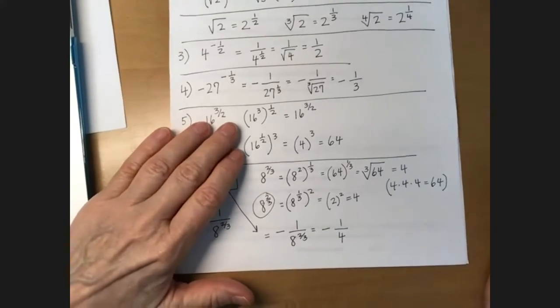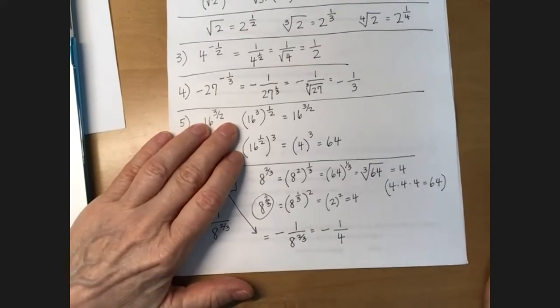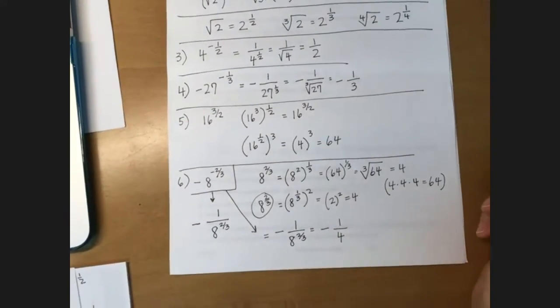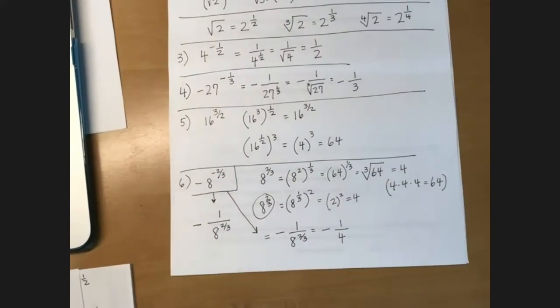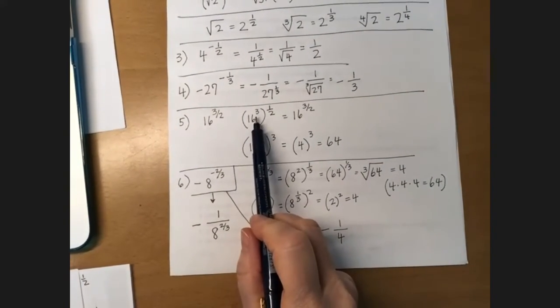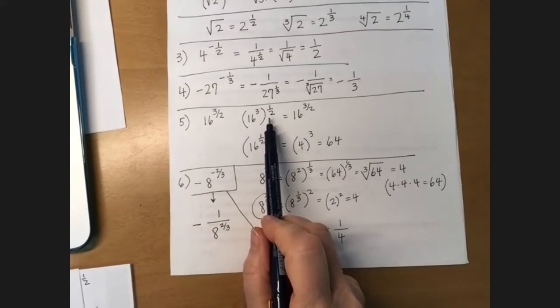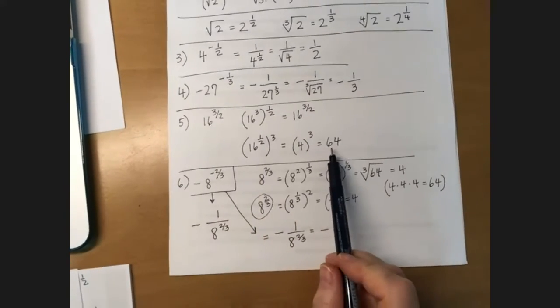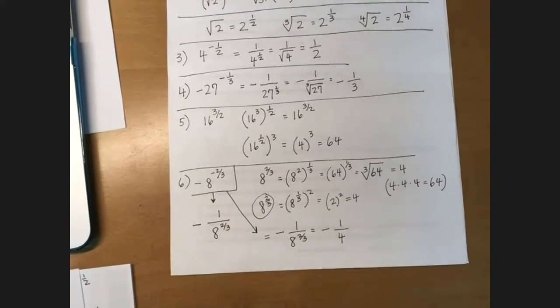Let's see, this one's a lot messier, 16 cubed. So I will leave that to you with your calculator to show that 16 cubed, and then you take the square root, is going to be equal to 64. Okay, I'll see you next time. Enjoy those practice problems.